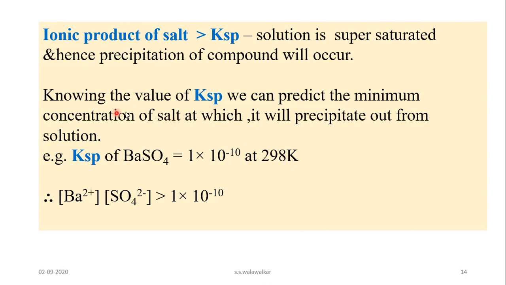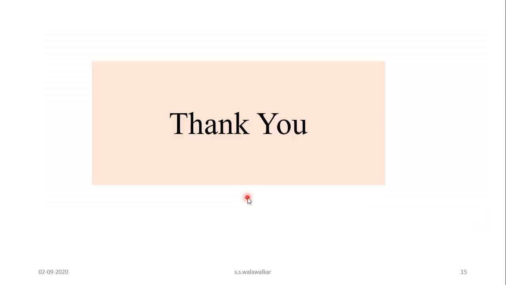Now to obtain the precipitate of barium sulfate, the product of concentrations of barium ions and sulfate ions should be greater than 1 into 10 raised to minus 10. Then and only then can the precipitation of barium sulfate take place. Like this, by knowing the value of solubility product, you can predict when precipitation can take place.